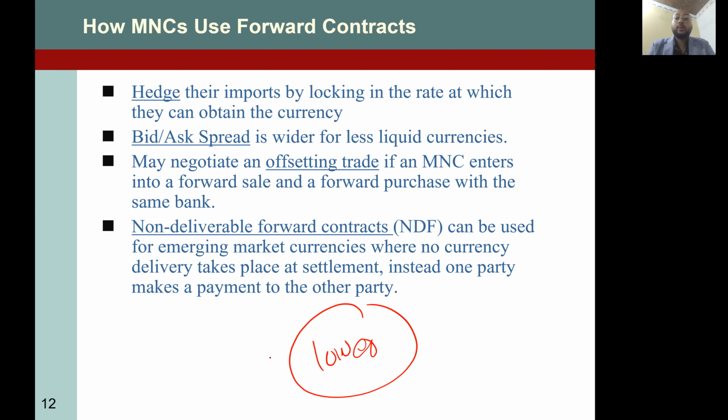So when MNCs' prime motive is to sell their products, and when they are selling, they need to buy raw material. Since they are multinational, they will buy raw material from the country where the raw material is cheaper.